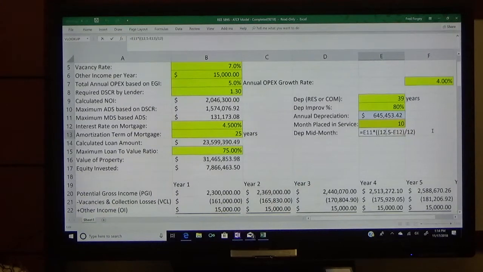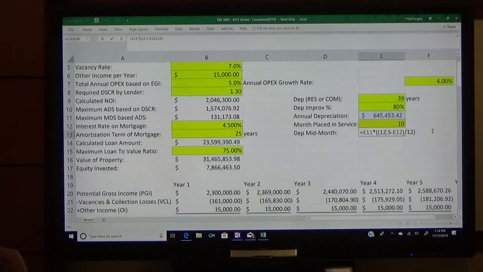Okay. So once again, if you look at the formula up there on the screen to calculate the mid-month convention, you start out with a fixed value of 12.5, and then all you have to do is say what month it was placed into service. Based on that month, that is how many months of depreciation you get.